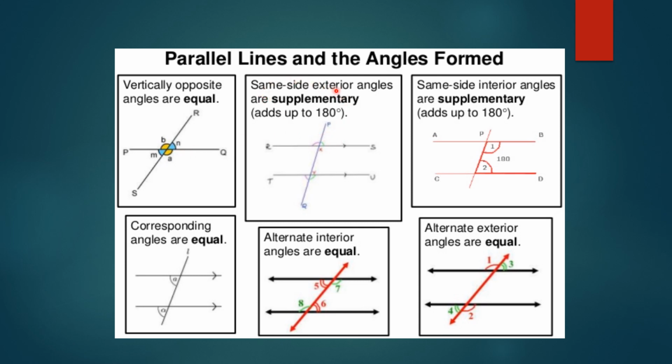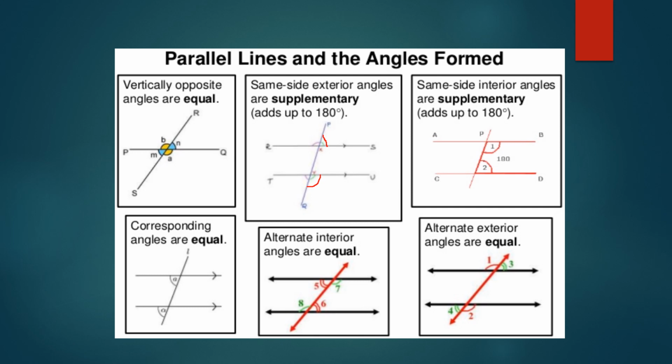Similarly, same side exterior angles are always supplementary. It means when we add these two angles, you will get the sum as 180 degrees. So for example, this angle, that is the same side exterior angle, will be added to this angle and the measure will be equal to 180 degrees.